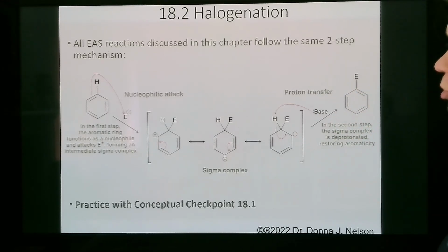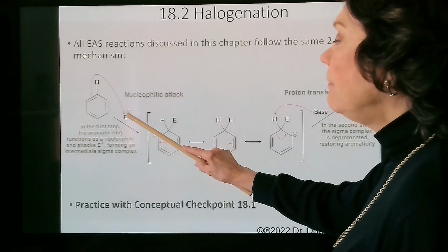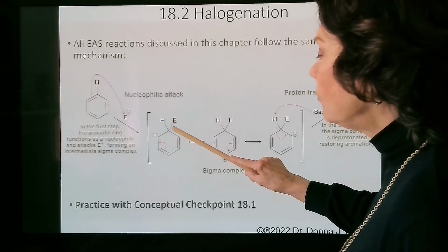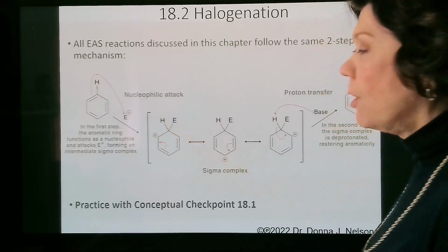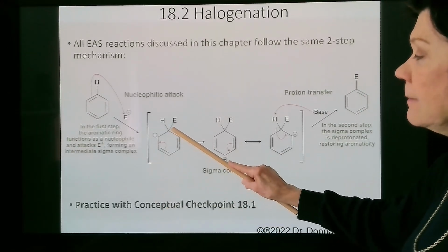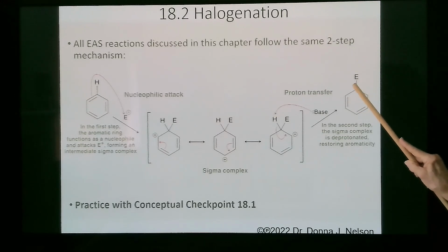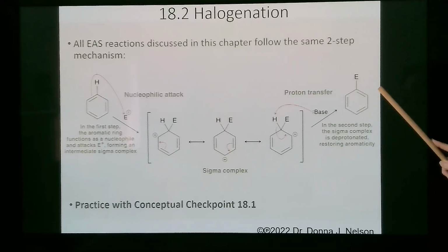So you have to remember that wherever the electrophile attaches, that carbon atom is the one that's going to be deprotonated. This carbon has 4 bonds. In the product, it's going to need to wind up with just 3 different attachments to different atoms.